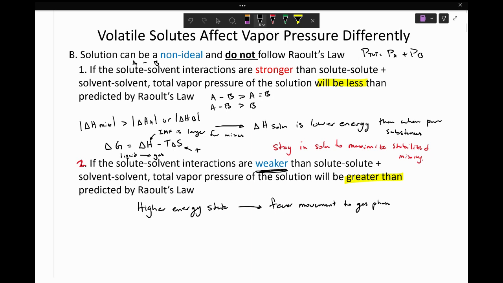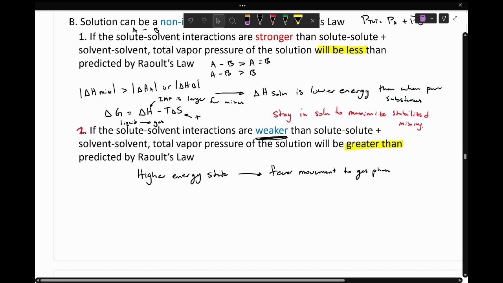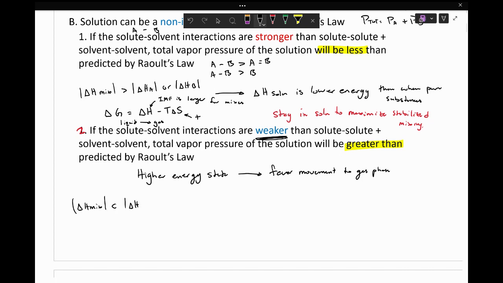And we can look at this symbolically and just say, delta H mix, the absolute value of this, is going to be less than delta H A or delta H B, just saying that it's this higher energy state. So there's an increase in enthalpy because of this mixing process.